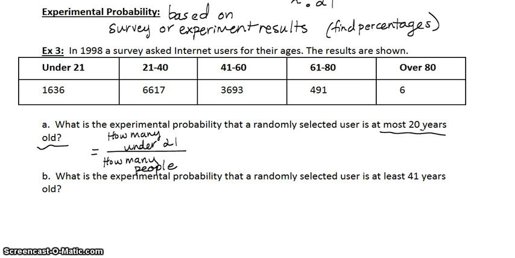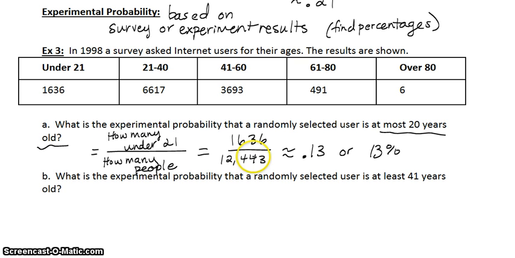So how many are under 21 divided by how many people total? How many under 21 I could just take straight from the chart. That's 1636. For how many people total, I'll save you some trouble. I added all of these together earlier and I got 12,443. So divide that off and you get 0.13 or 13%.